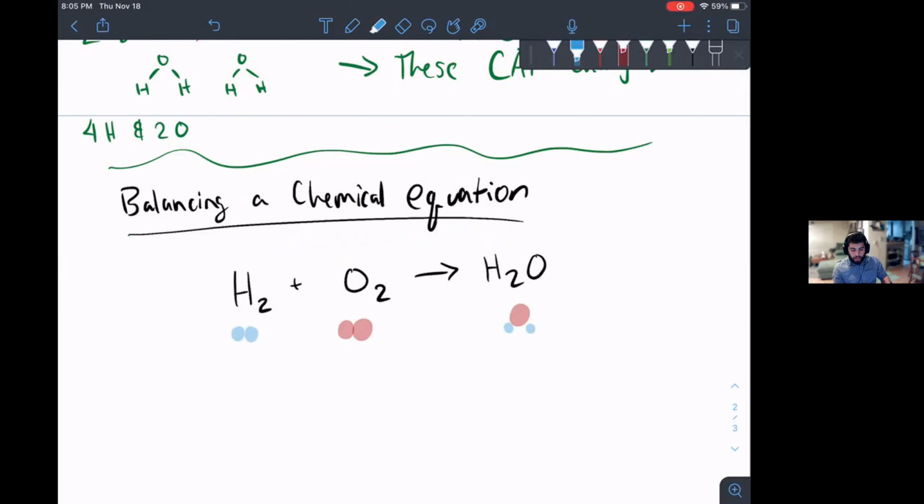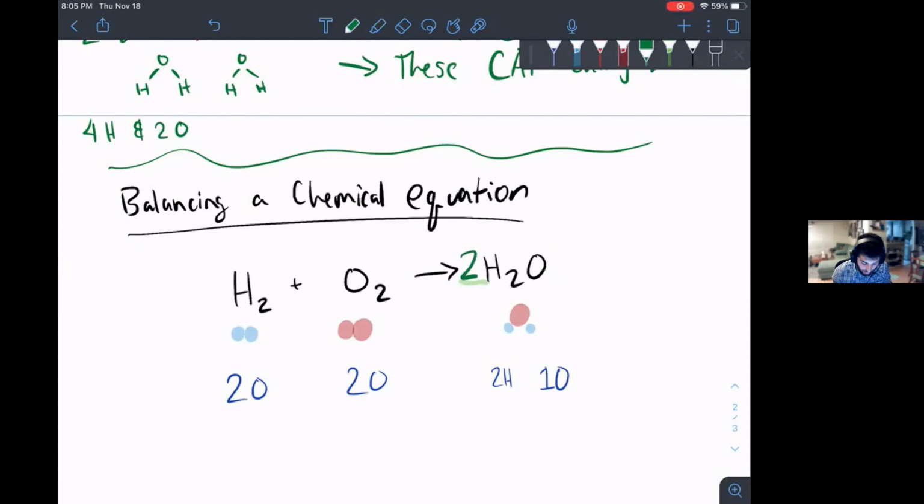When we look at this, we have 2 hydrogens, 2 oxygens, and then 2 hydrogens and 1 oxygen. The problem with this is our oxygens are off, and we're not allowed to change the subscript. I cannot put a 2 here. That doesn't work. So what I'm going to do is change this number in front.